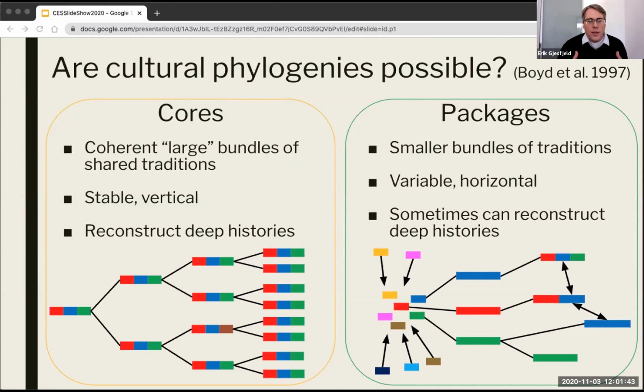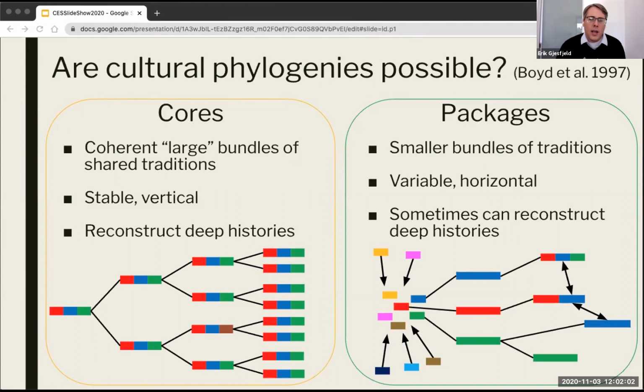And we were after those aspects because it was thought that these would be able to help reconstruct deeper histories. It would really be able to help reconstruct population histories if we had a reliable set of assumptions that these components of culture were transmitted in a particular way.